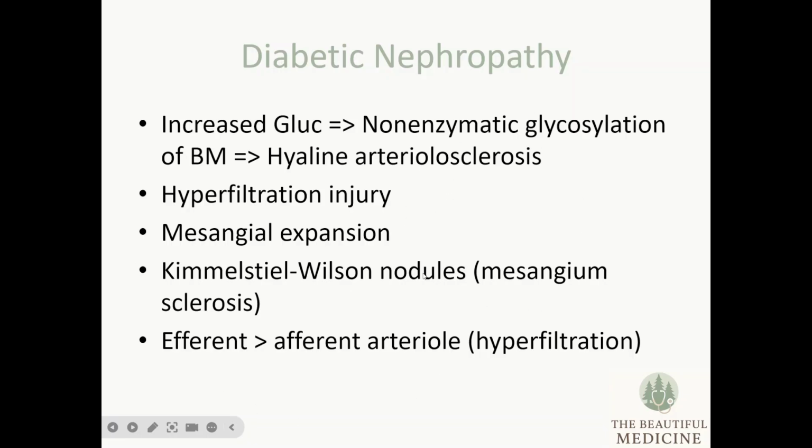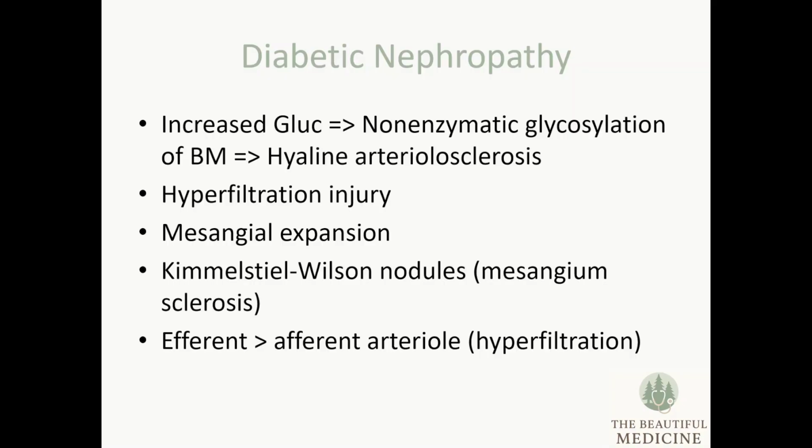Mesangial cells are those cells that surround the capillaries where the filtration occurs. By having that material accumulated, you have Kimmelstiel-Wilson nodules. You have mesangial sclerosis. So this is a buzzword, and actually the image, if you see it just one time, you can memorize it, and it's pretty straightforward.